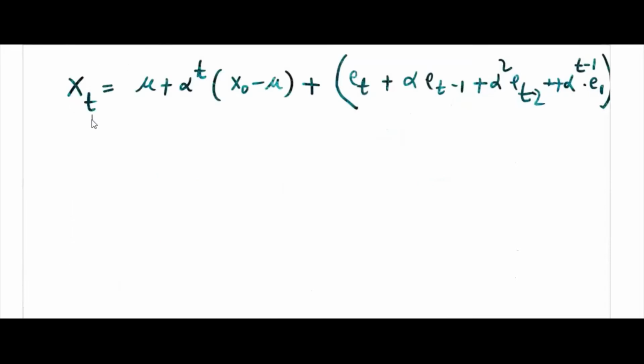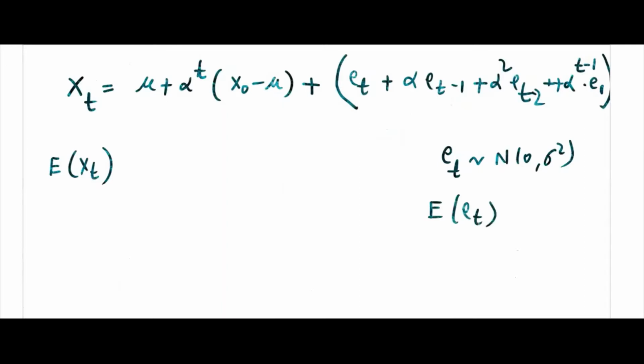Then what will happen when you find the expectation of x_t? You have to recognize this. When e_t follows normal 0, sigma squared, then E of e_t should be 0 and variance of e_t should be sigma squared.